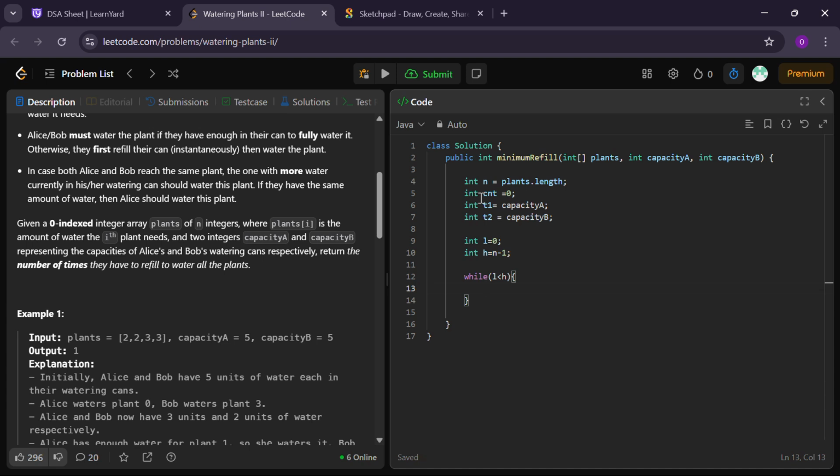Now what will be the first condition? We know one thing, if plants of L, let's say we have a condition, the plants of L.